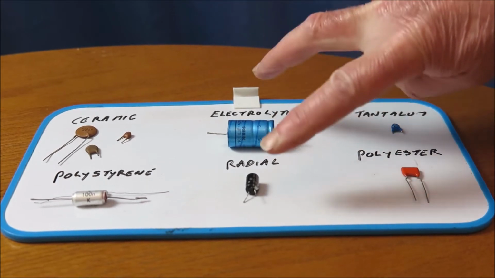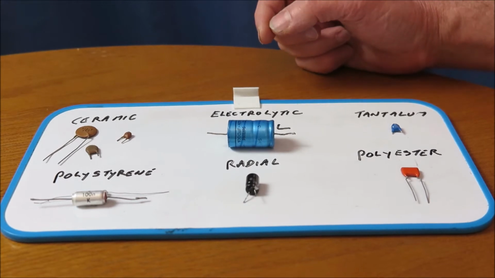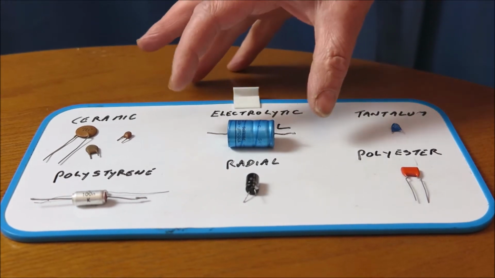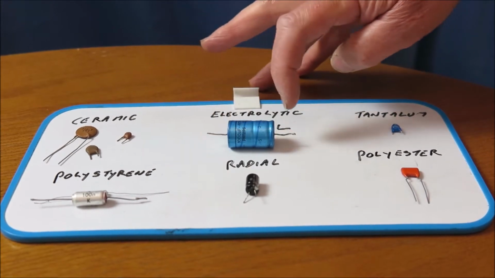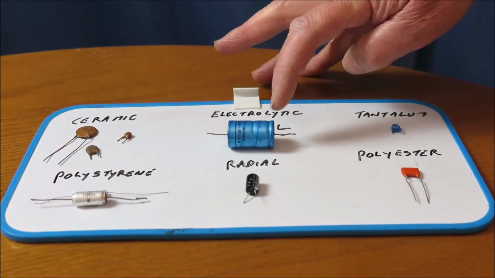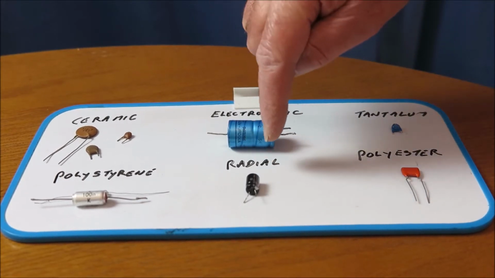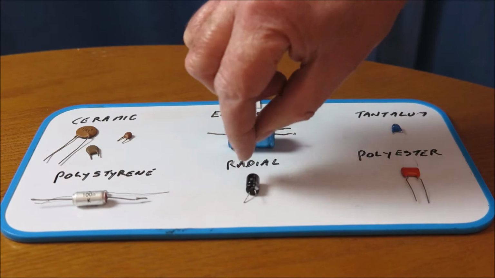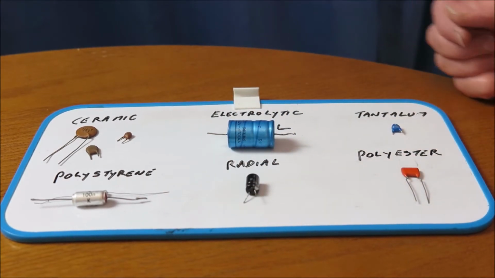Now this type of capacitor, which is the electrolytic, is polarized, so it's got to be connected the right way around. What we can see here is the axial one, so the leads go into the capacitor and out of either side, and the radial. These are both electrolytic capacitors, and this one is radial. As you can see, the leads just come from one end, so that's radial and axial.